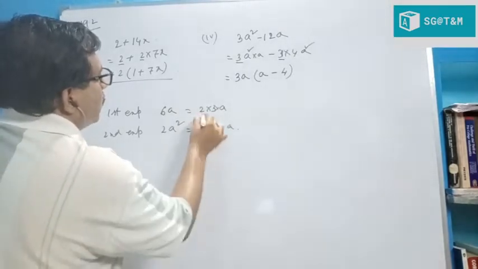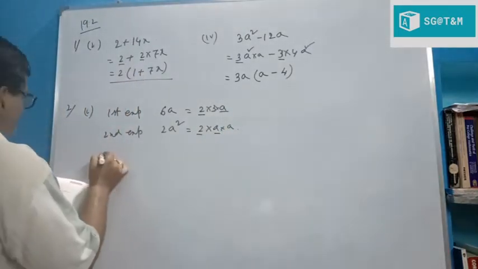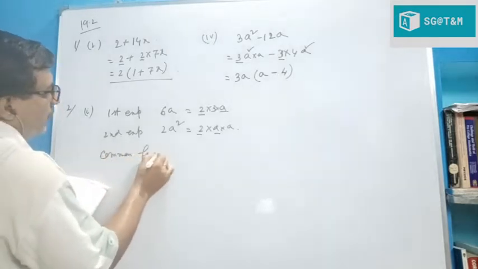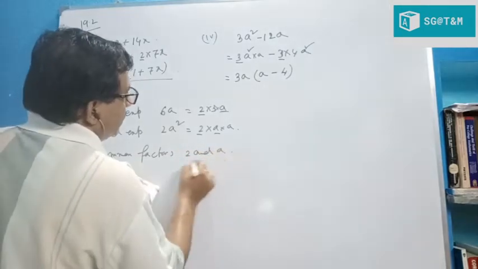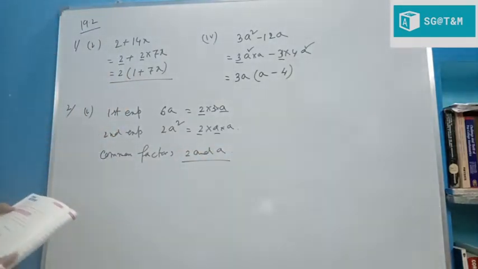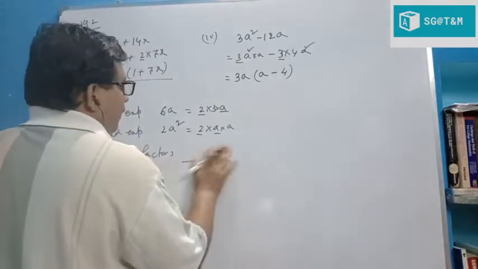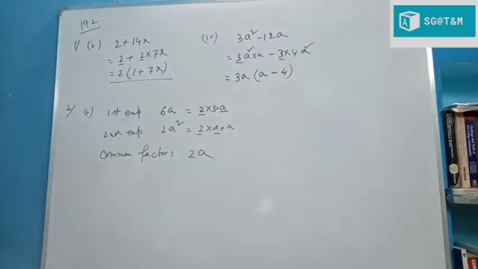Which are common? 2 is common to both, and a is common to both. Therefore, the common factor is 2 and a, or 2a. If we write in product form, it is 2a. So very simple. Next, we go to the next worked out example.